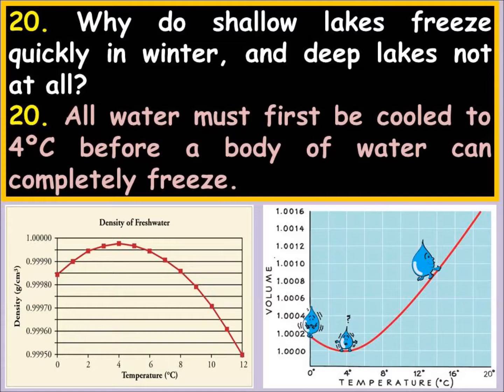All water must first be cooled to 4 degrees Celsius before a body of water can completely freeze. See, let's say the water is all 20 degrees Celsius and it cools at the top. Well, that cooler water is more dense and it's going to sink. So it's not going to go degree by degree.